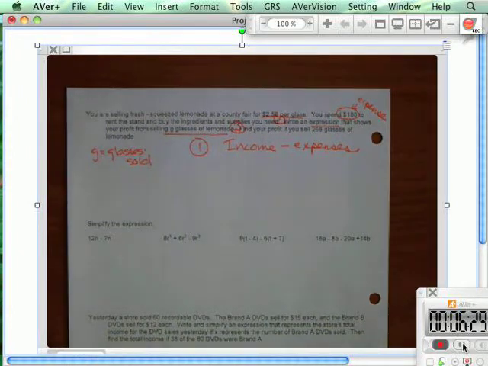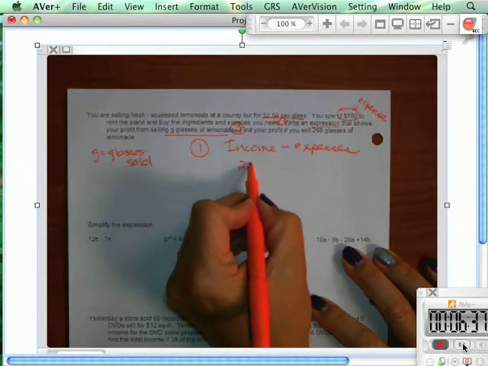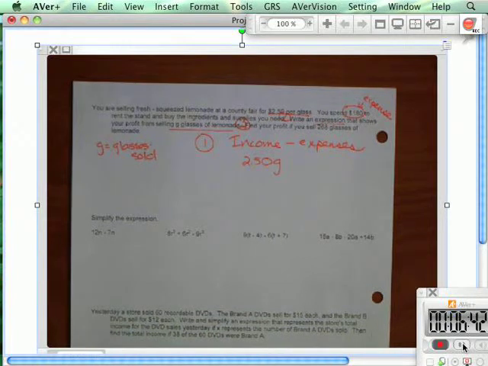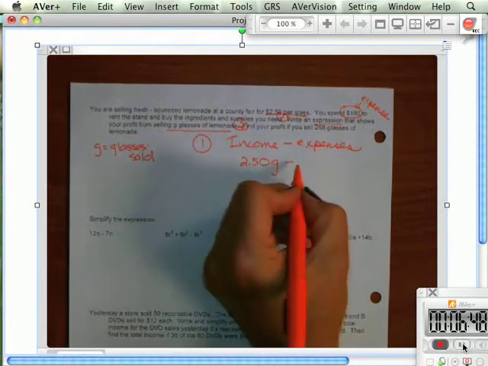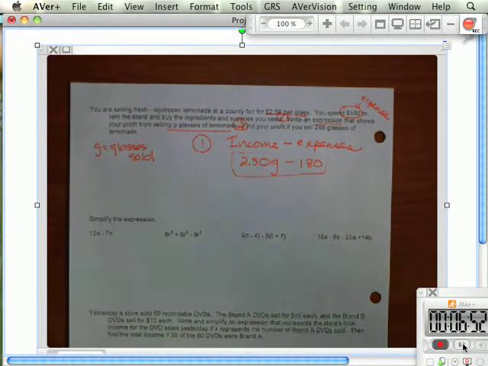You sell glasses at $2.50. Yes, we're selling glasses of lemonade at $2.50 per glass. So $2.50 times G is my income. Now I'm still on number one. I'm just writing an expression here. What are my expenses? That is the expression. There's no equal sign. That's it. That's part one.